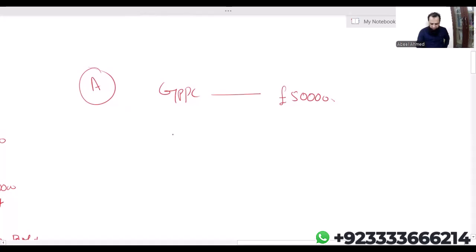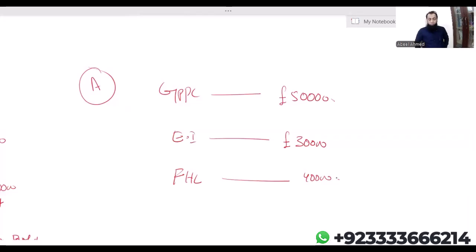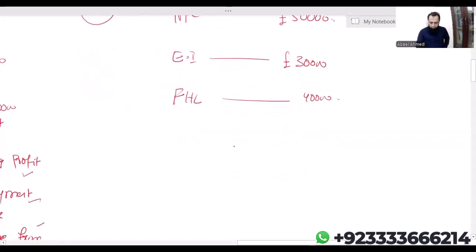An examiner says it has employment income, let's say 30,000, and income from furnished holiday letting, let's say 40,000. The examiner is asking only one thing: just tell me the amount by which the basic and higher rate bands will increase. So look at this.